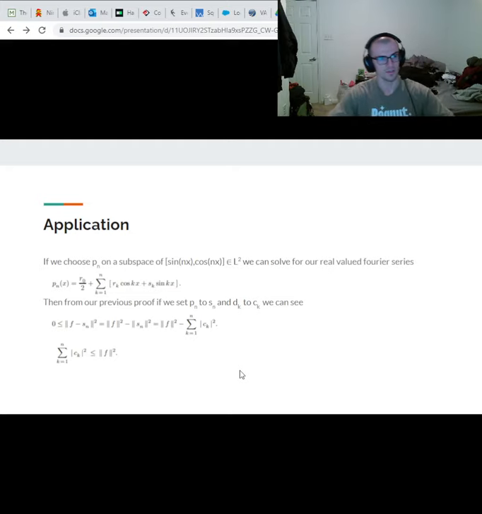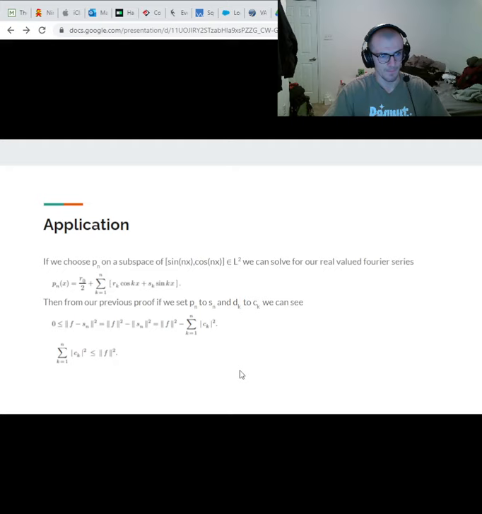Now we're going to choose a P sub n on a subspace of our L squared, and try to use the theorem that we just proved to show what the family of functions is that our Fourier series can accurately describe or accurately converge to.